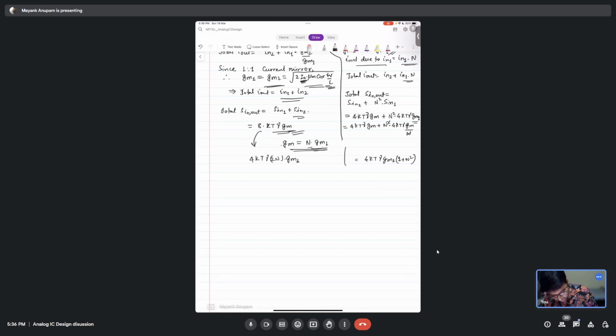So this is gone here. This is equal to 4kT gamma gm, common, times 1 plus n, simply.